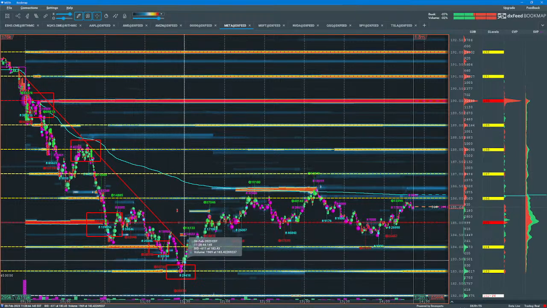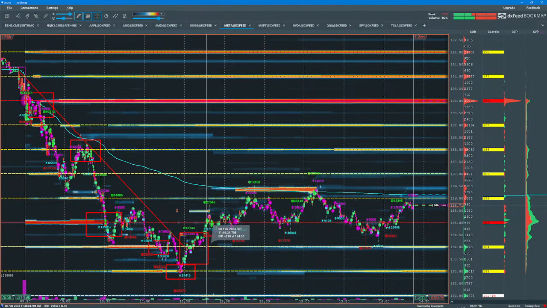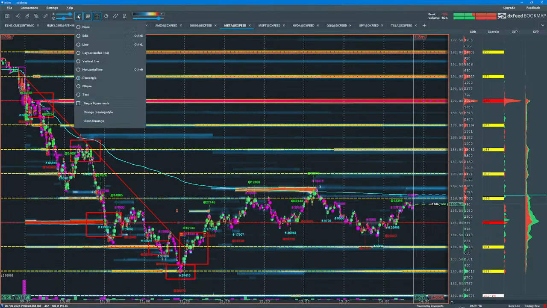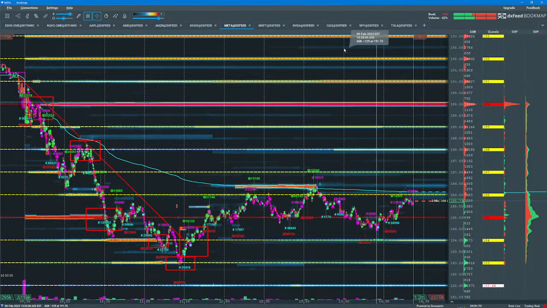Then the aggressive buyers start to come in, and now, just like some other stocks, they are attempting to move price higher. And there's the 182 put wall down below. All right, let's take a look at NVIDIA.